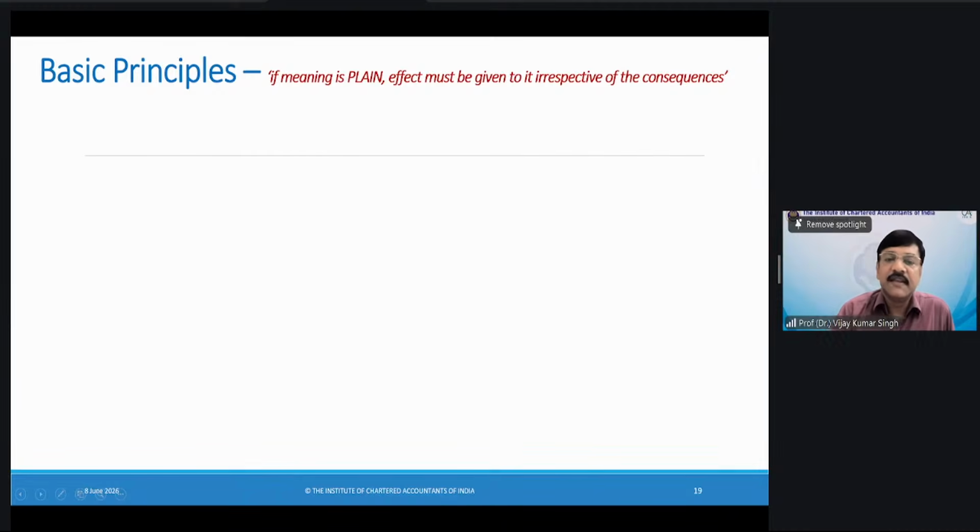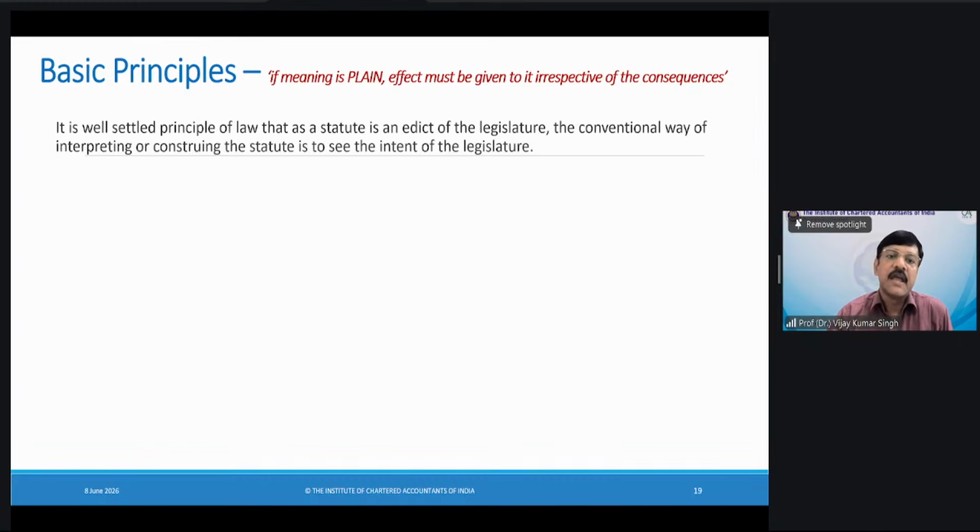Another basic principle is that if the meaning is plain, you give effect to that meaning irrespective of its consequences. Okay, whatever may be the consequences. And this is a well-settled principle of law, that a statute has to be interpreted irrespective of the impact which it has on the people.